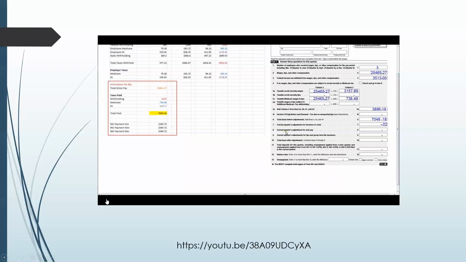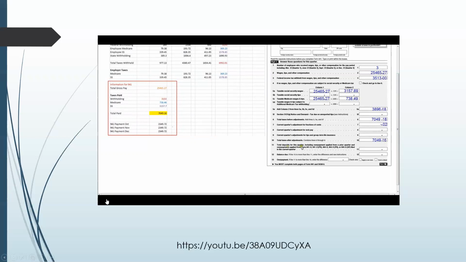So current quarter's adjustment for sick pay, I didn't have any sick pay that I needed to adjust. And current quarter's adjustments for tips and group term life insurance, that's something else that I don't need to worry about. So my total taxes after adjustments are going to be the $7,049.16. So that matches, and you want to make sure that that matches the amount that you paid on your spreadsheet, which it does.